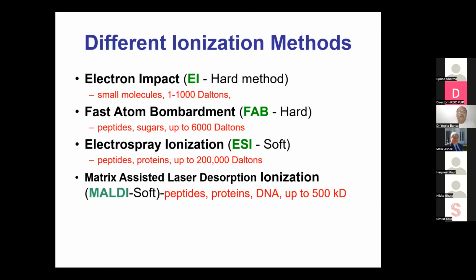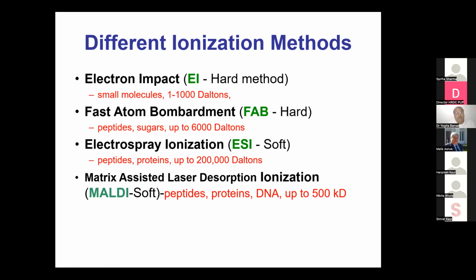Now there are different ionization methods. The ionization methods are selected on the basis of what kind of solute we are analyzing and what the requirement is, qualitative or quantitative, whether we want to go for structural elucidation or quantitative estimation.